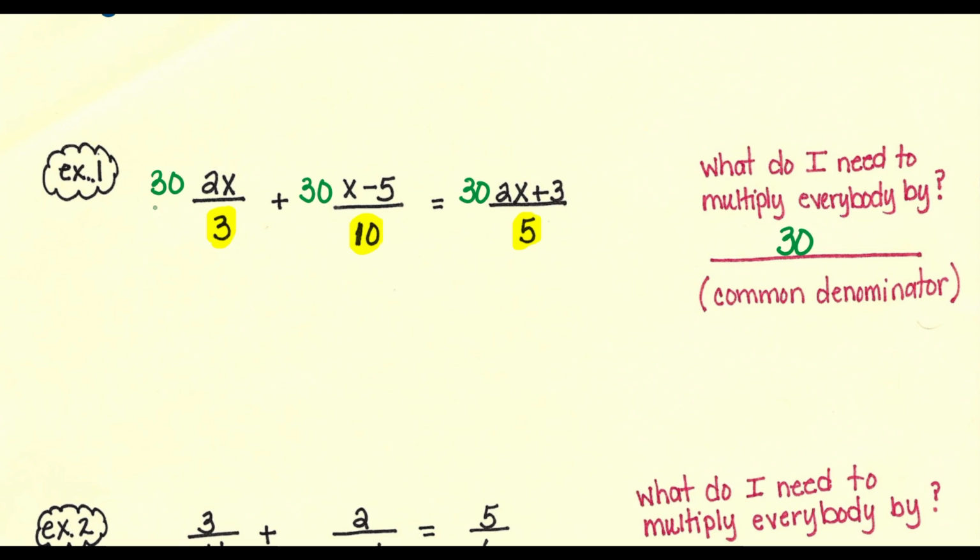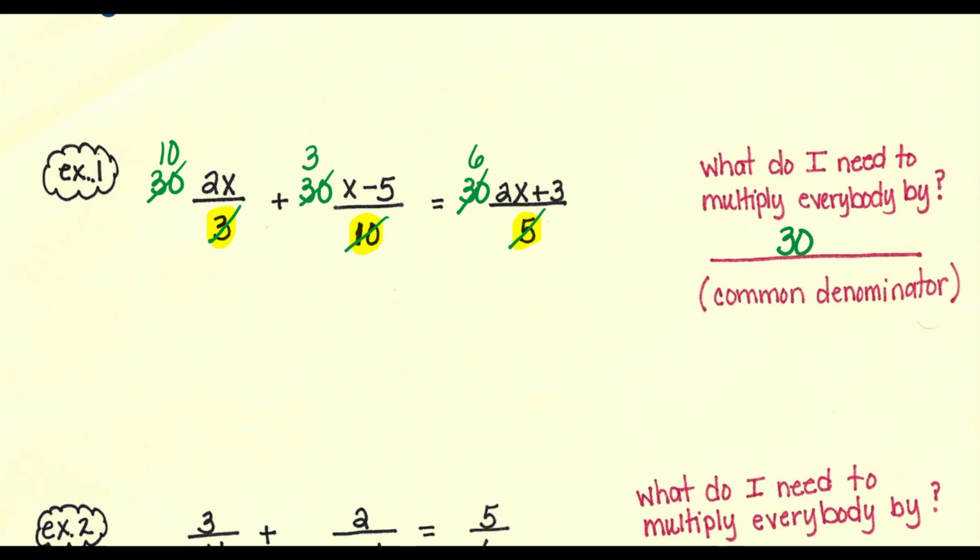Now you realize that's like 30 over 1, which means that that 30 is in the numerator, so it allows me to cancel that 3 into that 30 10 times. And 10 goes into 30 3 times. And 5 goes into 30 6 times.